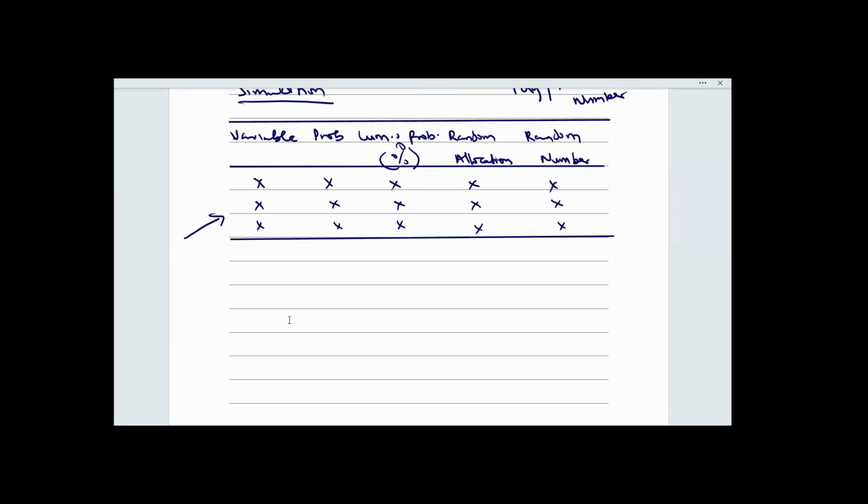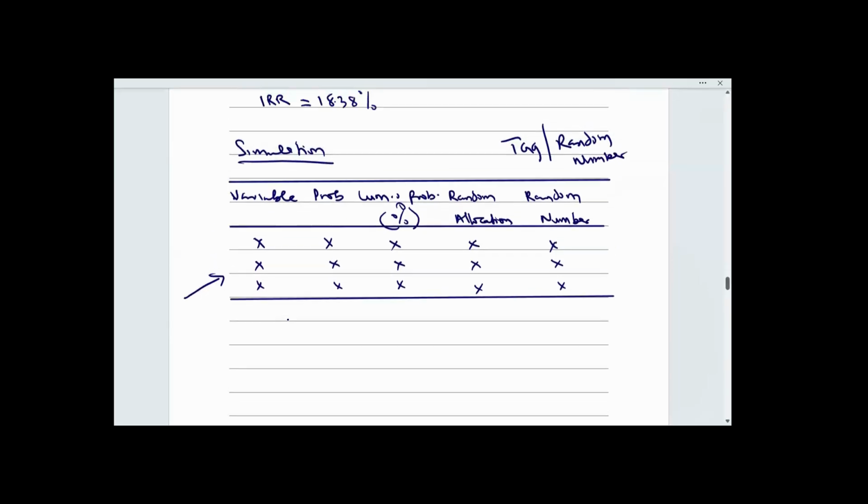You are pairing cash inflow and cash outflow randomly. There will be a situation whereby you ignore some cash flows. You are not selecting the entire cash flows. Therefore, you can never have an optimal solution. The best you can have is a good enough or near optimal solution, because not all cash flows are well represented. So that's what you need to know as far as the simulation method is concerned.